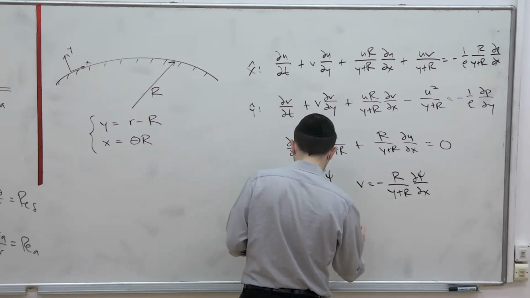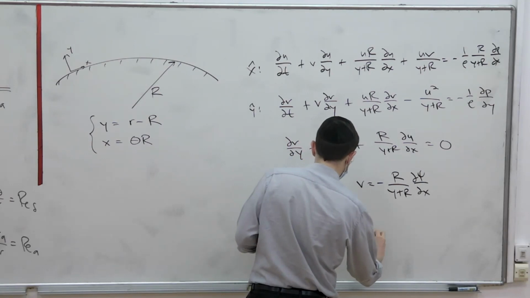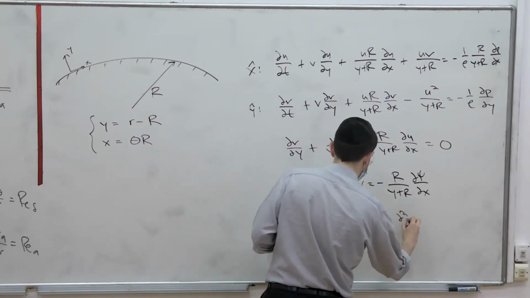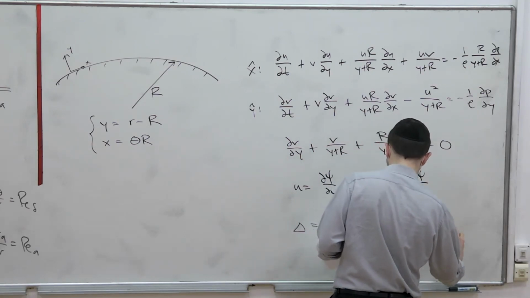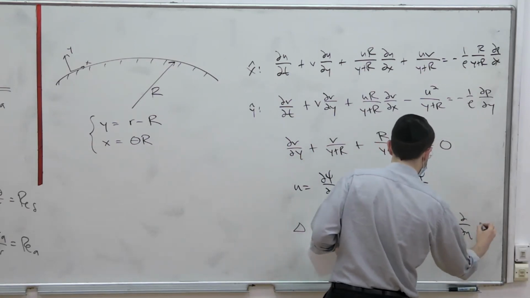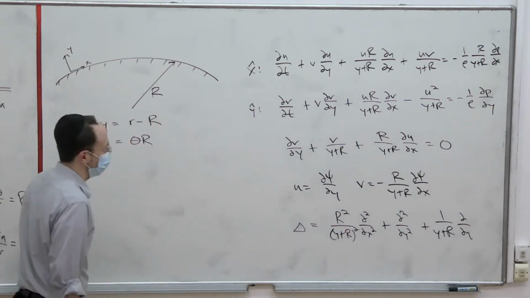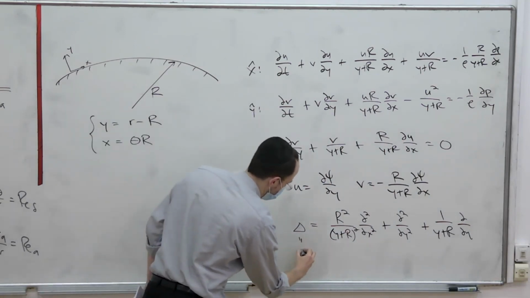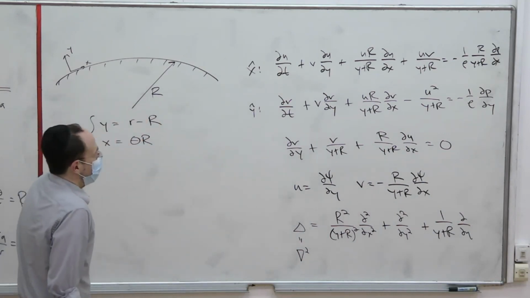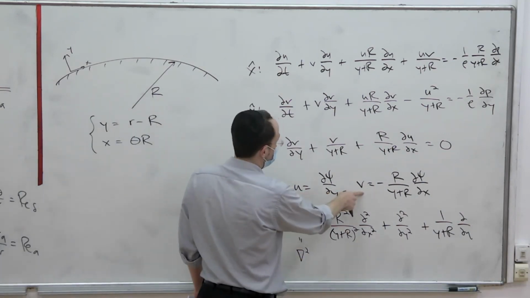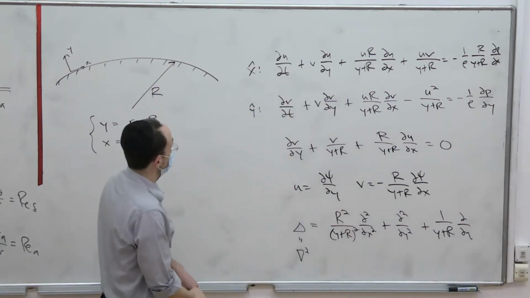So it becomes R squared over (y plus R) quantity squared d squared/dx squared plus d squared/dy squared plus 1 over y plus R d/dy. So this is our Laplacian operator.